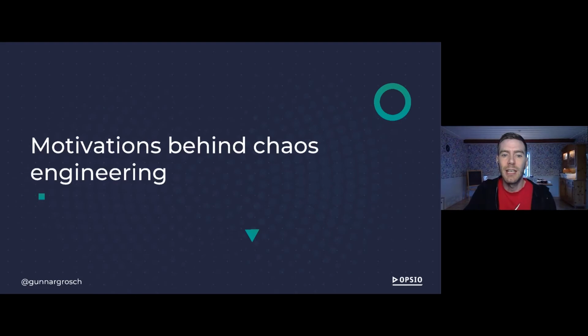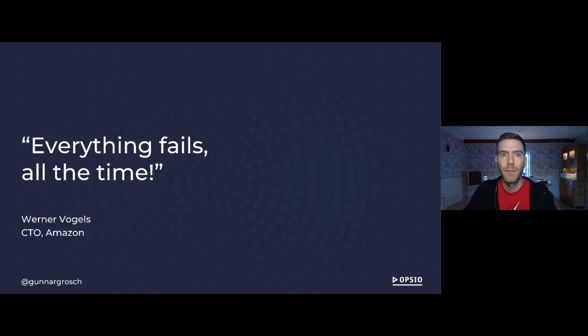So let's look at some of the motivations for doing chaos experiments. And I think you all know this quote, and you all know Werner Vogels' "everything fails all the time." And Werner should know.